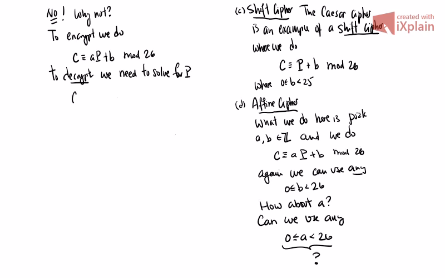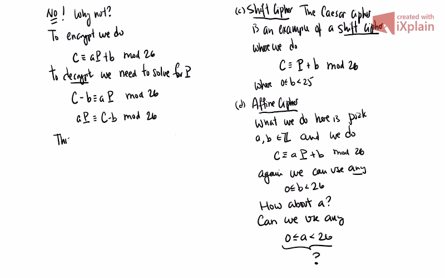So we start doing this and we go, all right, C minus B is congruent to AP mod 26. Right? So let me rewrite this. This is a great time to remind ourselves of what we learned about systems of equations, because this is really a linear congruence. The variable is P. All right, so the question then becomes, what are the requirements necessary so that we can solve for P?